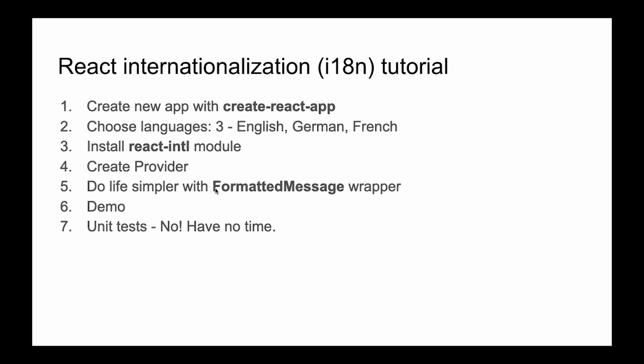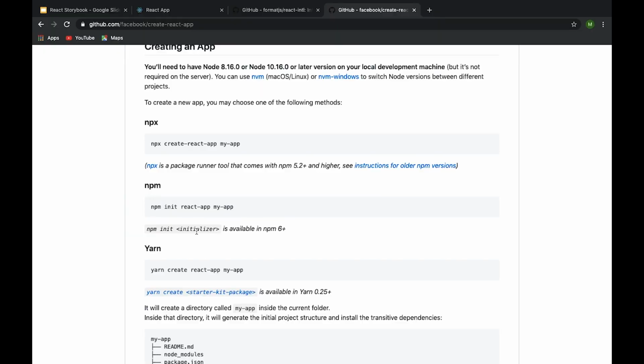Then we will use the FormattedMessage component and create a wrapper on it to simplify our life and make it much easier to use. Also, in the end we will see the demo of our work and a unit test. Of course we need to create a unit test for the new functionality, but we have no time and it's out of scope.